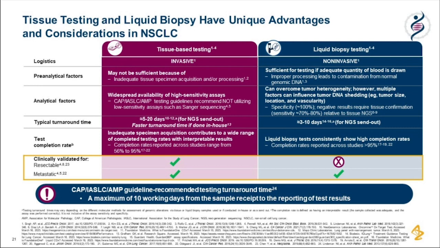For test completion rates, with tissue, inadequate specimen acquisition contributes to a wide range of completed testing rates with interpretable results. With liquid biopsy, tests consistently show high completion rates. And in terms of clinical validation, tissue is validated in resectable and metastatic disease, and liquid biopsy in metastatic disease.